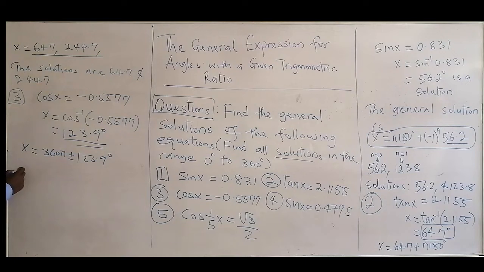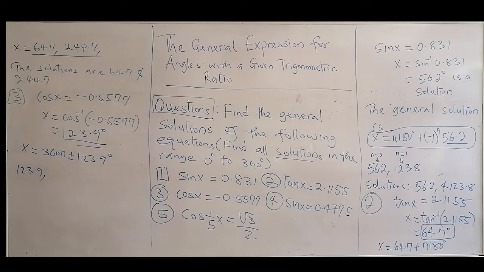So our values will be, to find all solutions, when n is equal to 0, we have 123.9 plus or minus, but minus will be outside the range. We have that first value when n is 0.